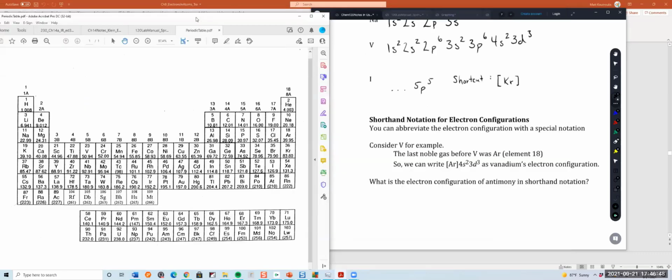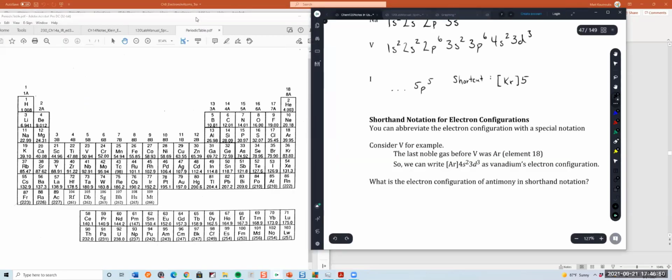Then these are Ds. Remember, these were 3 Ds, so these are the 4 Ds. 4d10. And then 5p5. Very good.